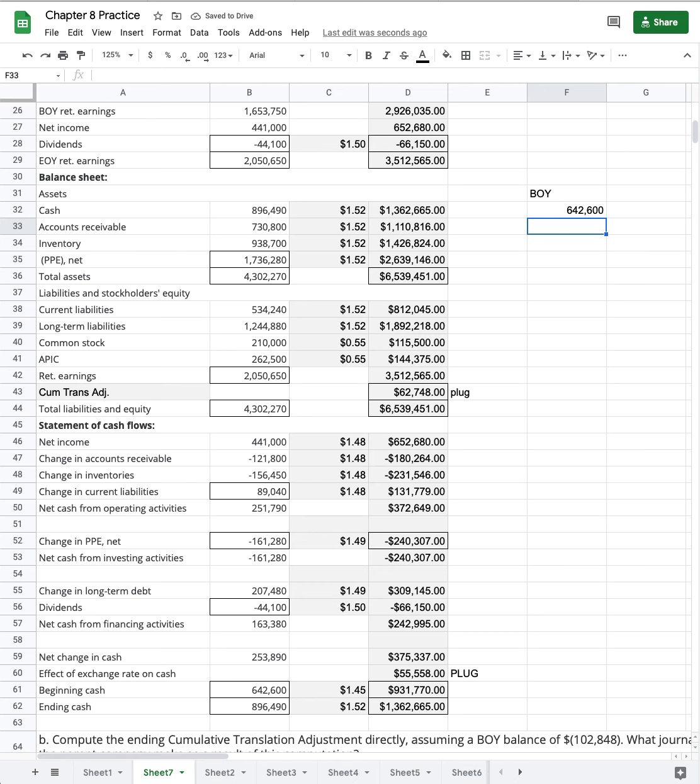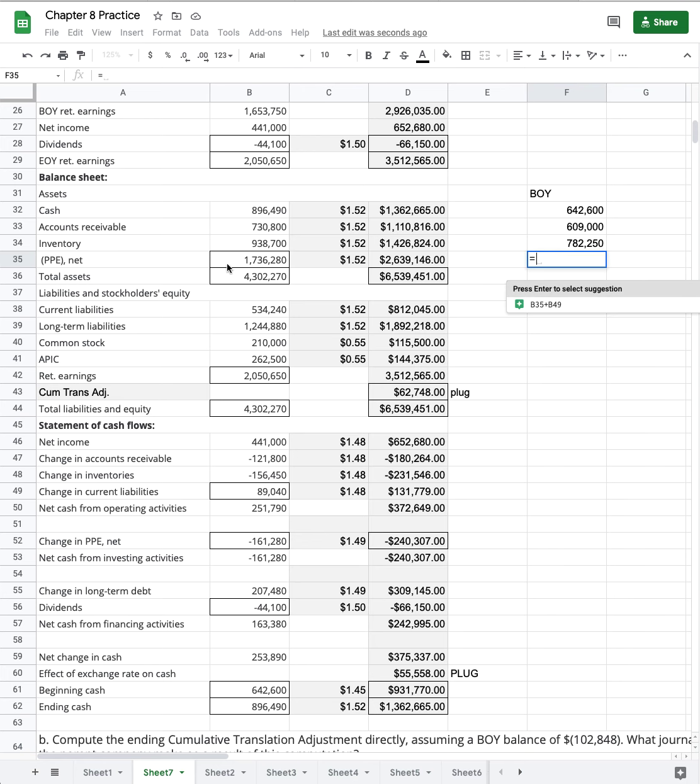Then our accounts receivable, we'll take this end of year accounts receivable and add the change for 609, and we'll continue to do that. Our inventory, and then just pay attention here because the next item on the statement of cash flow is liabilities, but we're looking at PPE here.